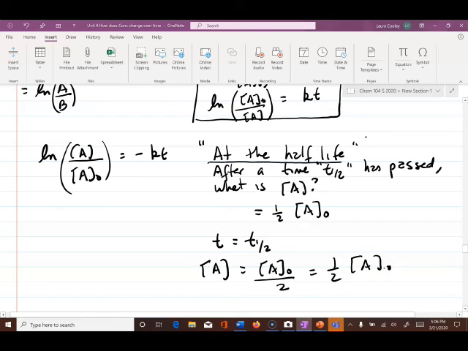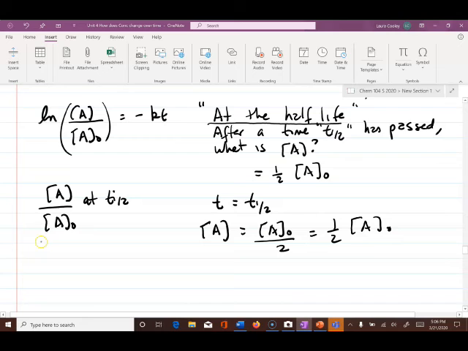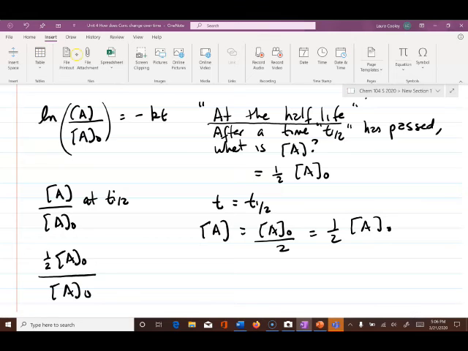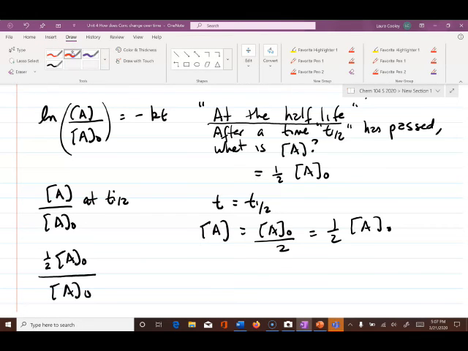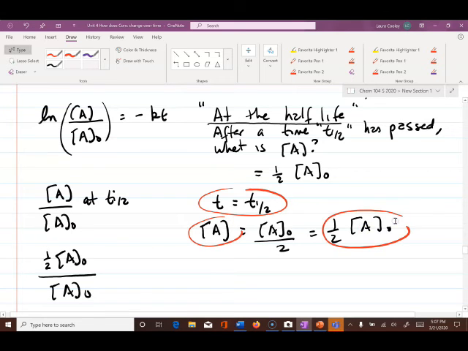So that means that A over A0 at the half-life would be 1/2 A0 over A0, right? Because when t is equal to T1/2, A is equal to 1/2 A0.